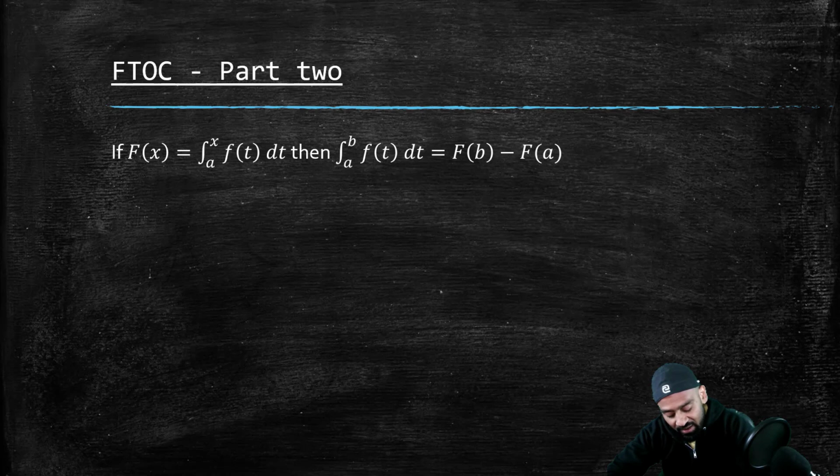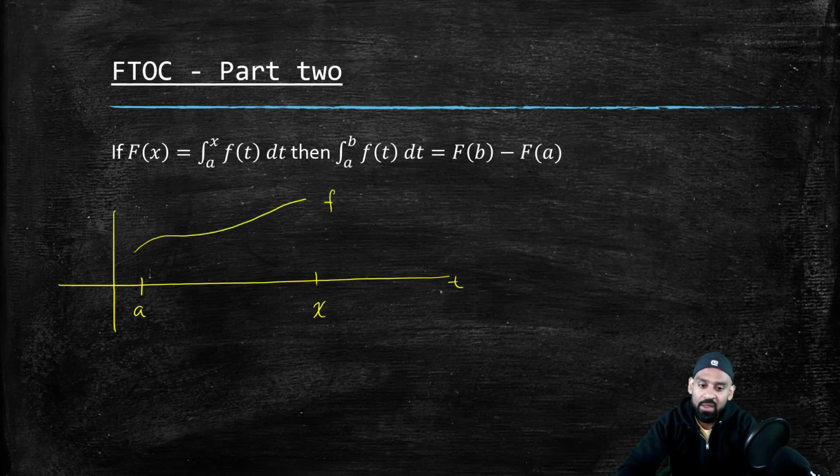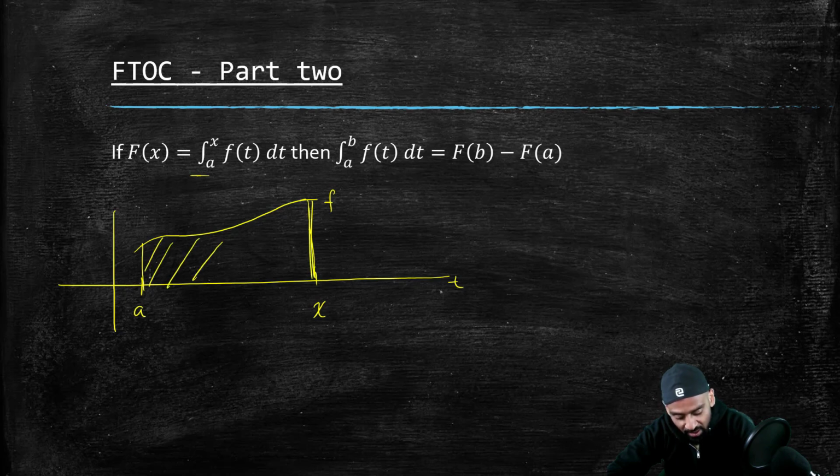What this is saying is that from some spot A to some spot x, on the function f, and these are t values technically, if I want to find the integral from a to b, which is effectively a to x, and remember, x is changing, so these are the numbers we're plugging in.